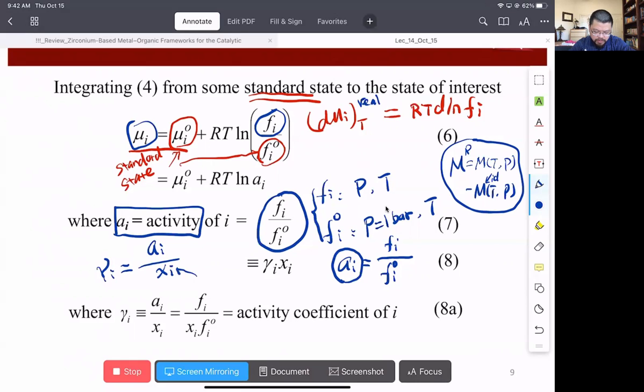This is why we compare a i over x i, and we define this as the activity coefficient. Nothing special, it's just a definition, introducing a new coefficient. So this gamma i would be the so-called activity coefficient.